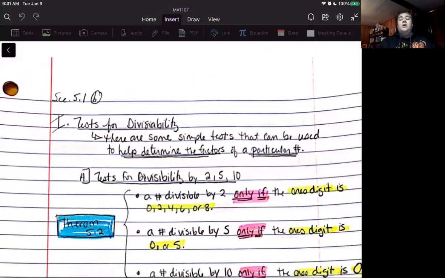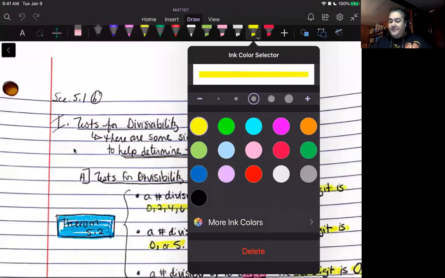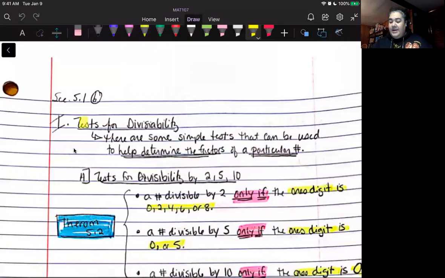So we're going to talk about some tests for divisibility, all right? And we're starting right here. Now, what is a test of divisibility? A test for divisibility is defined as simple tests that can be used to help determine the factors of a particular number.